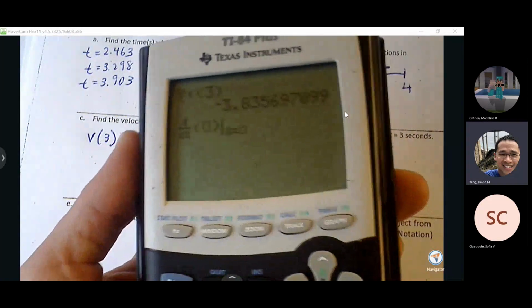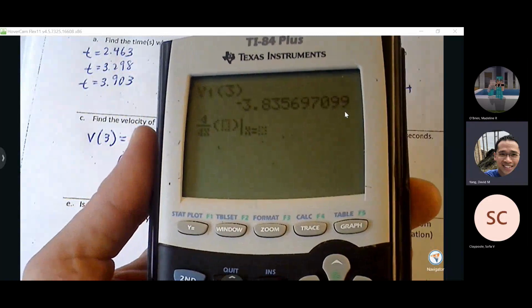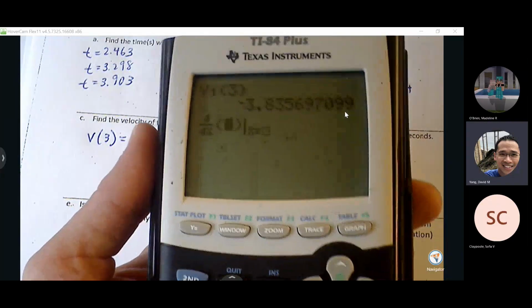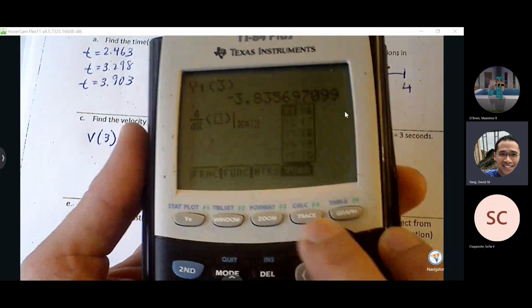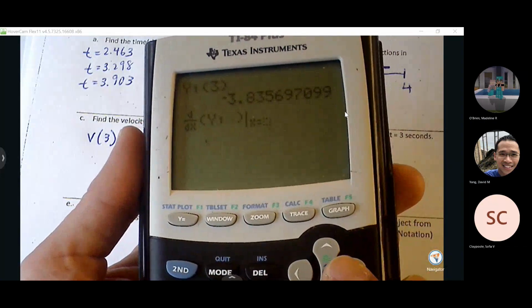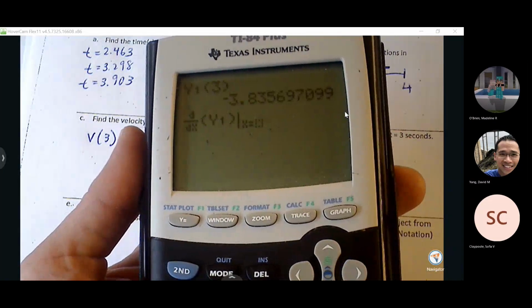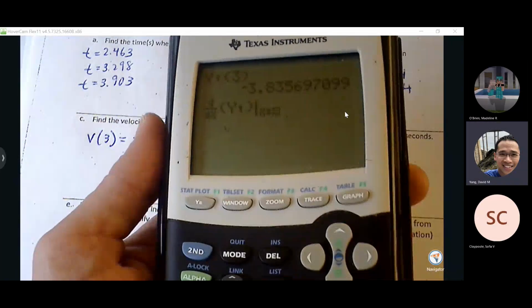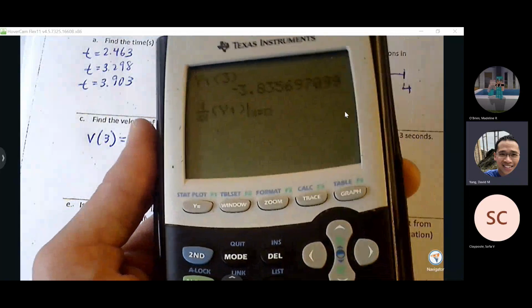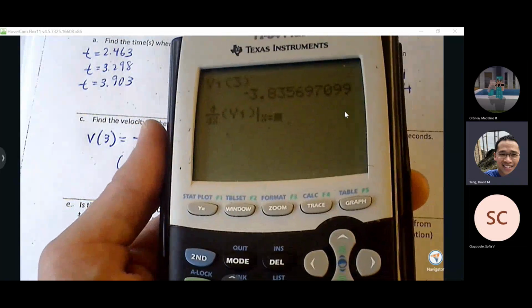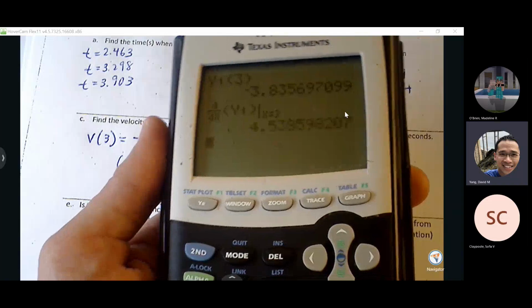Again, because we already have the function assigned, you can just do alpha trace again, pull that y1, and then plug in 3. Yeah. So now it's going to get to the acceleration function. It's going to plug in the t value for you. It's going to do a lot of stuff for you. You just have to be able to know how to get to it.